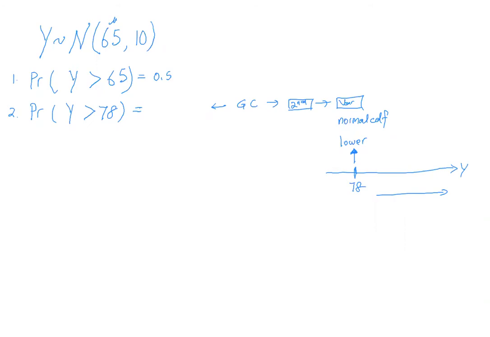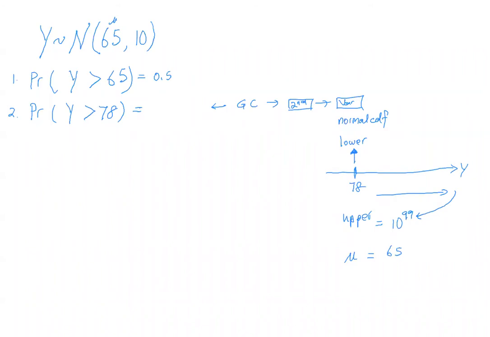So for the upper, listen carefully. For the upper, always type in 10 to the power of 99. Very big. Then the next number is the mean, that is 65 here.